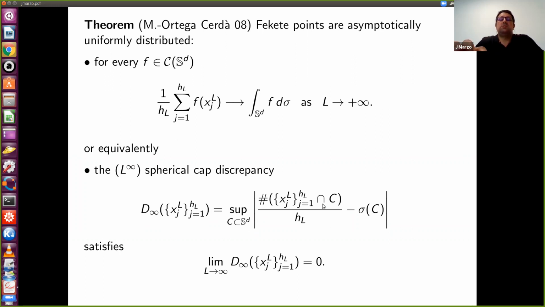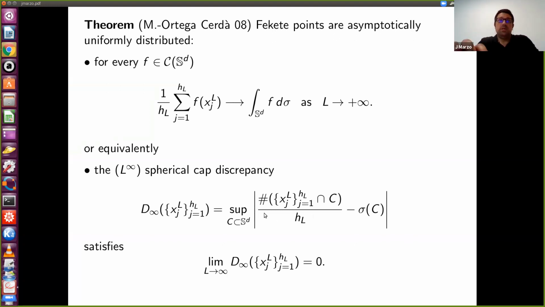This difference is basically measuring the difference between the counting measure, where we count the number of points of this set in C, all divided by the total number of points, minus the surface measure, the normalized surface measure. So it's measuring the discrepancy between these two measures.